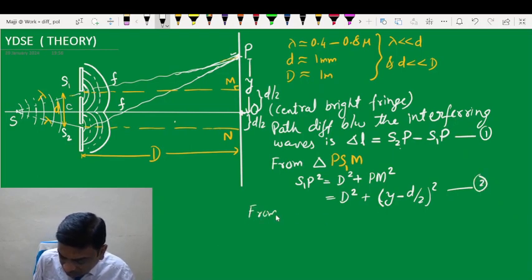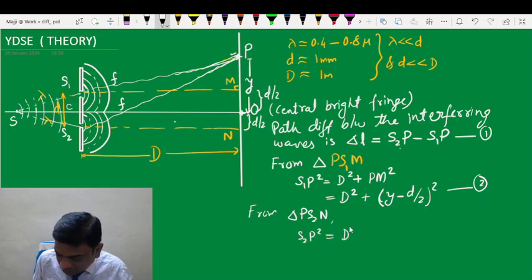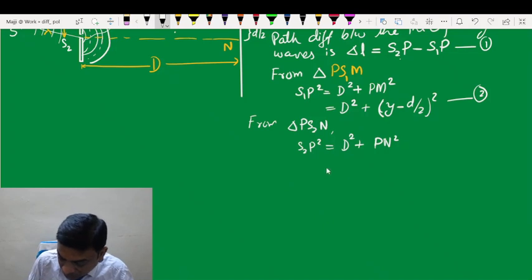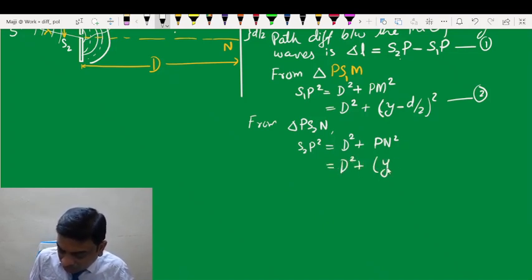Similarly, from triangle PS2N, this triangle PS2N, we can write S2P whole square is equal to D square plus PN whole square. Okay, students. So I can write it as D square plus (Y plus d by 2) whole square.